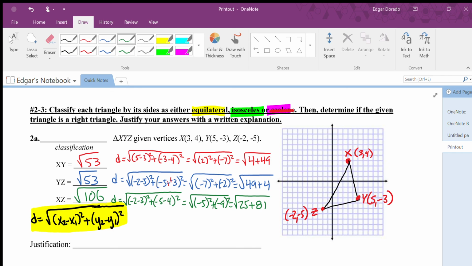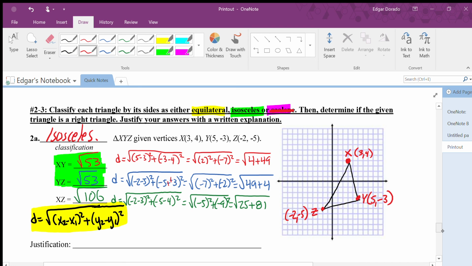All right, but I do want to show you guys those two are exactly the same. They're congruent. The other one wasn't. That one's a totally different one. So my question to you guys is: is this an isosceles or is this an equilateral? And hopefully you guys are saying that this is an isosceles triangle.